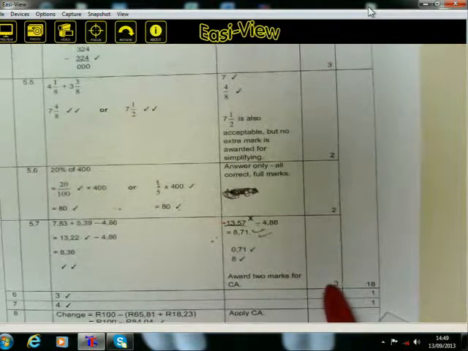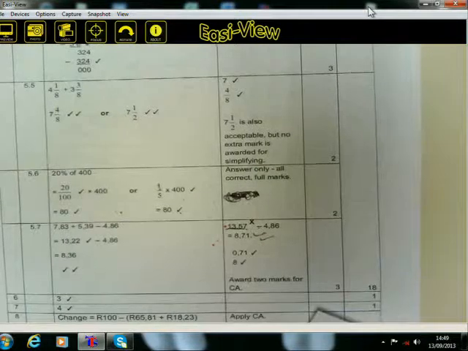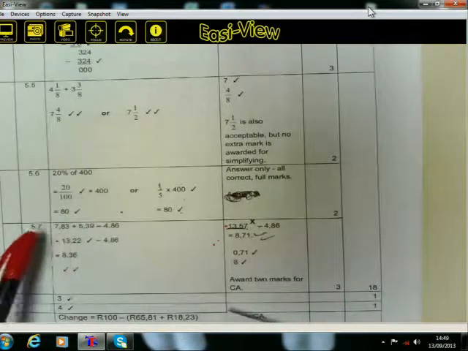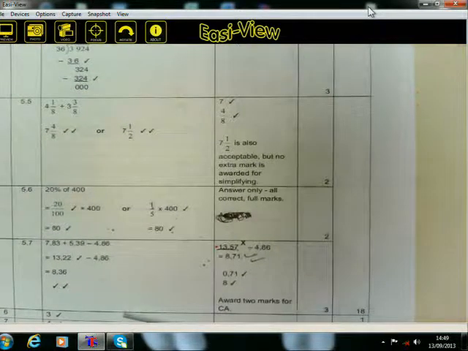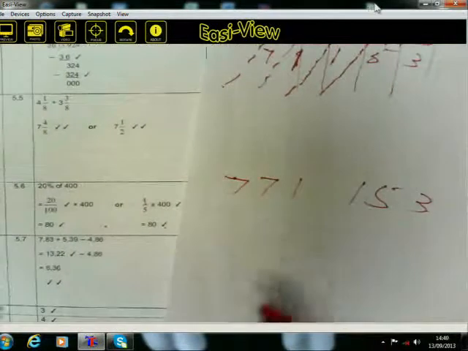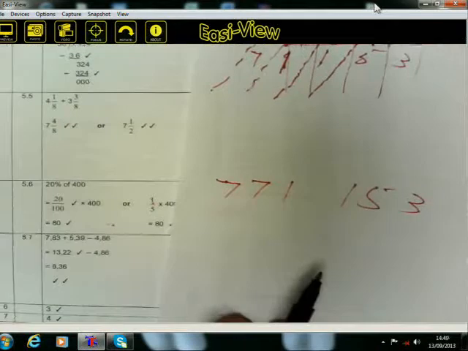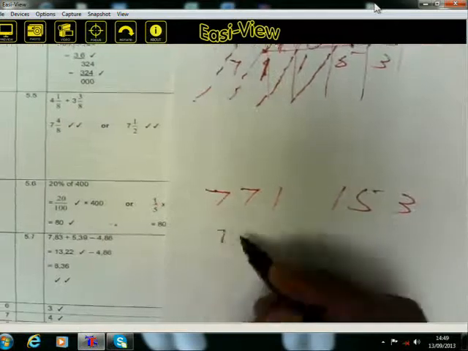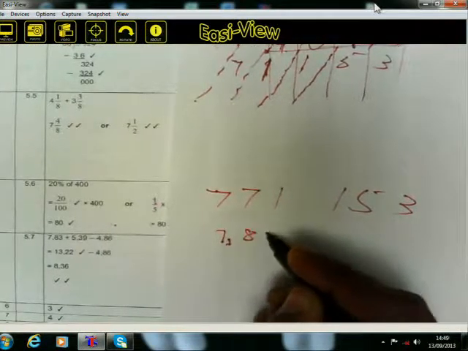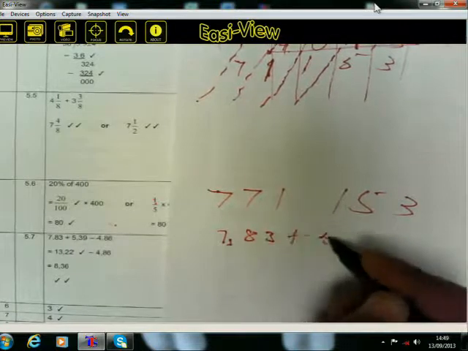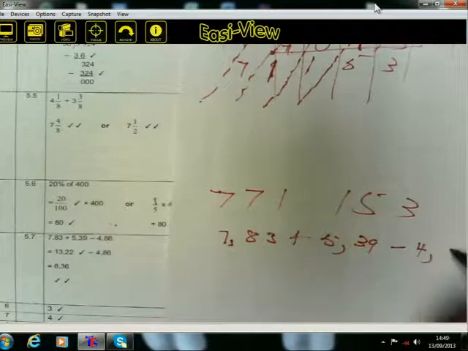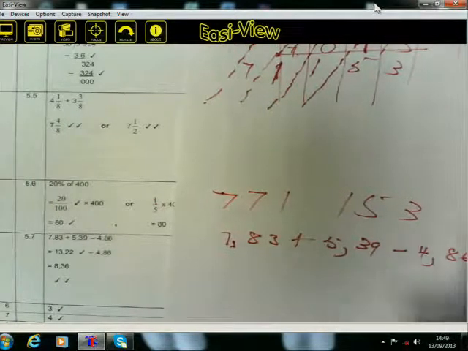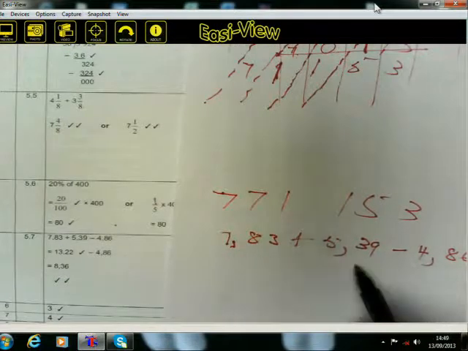Okay. Now, let's take for instance, Elena does this. For example, it's 7.83 plus 5.39 minus 4.86. Okay. He added this.